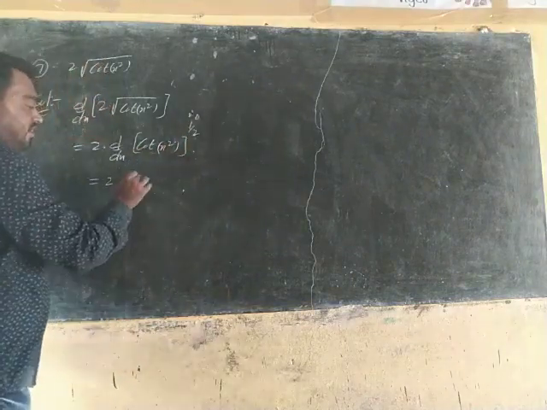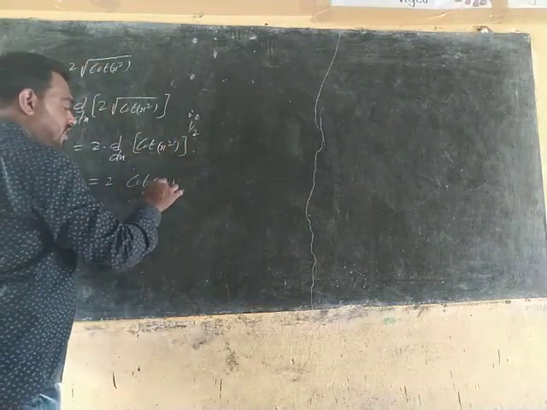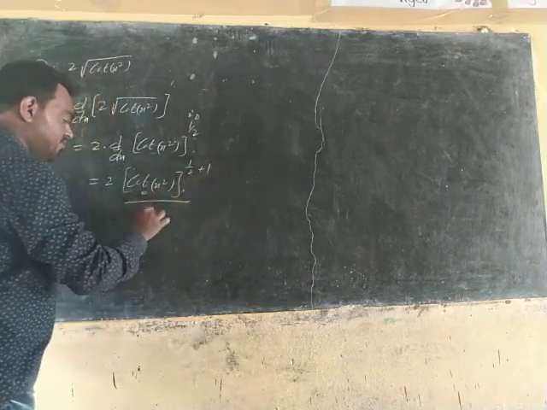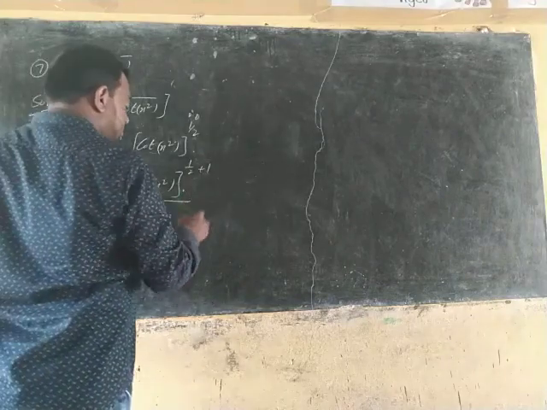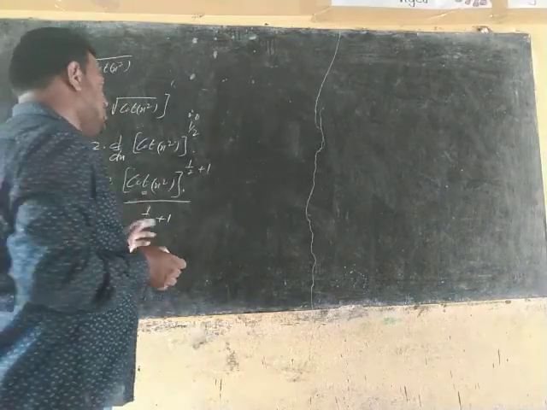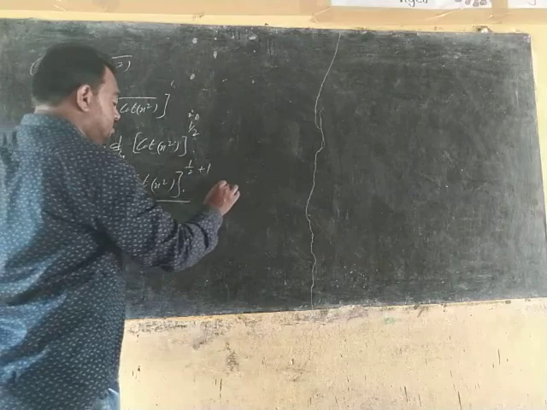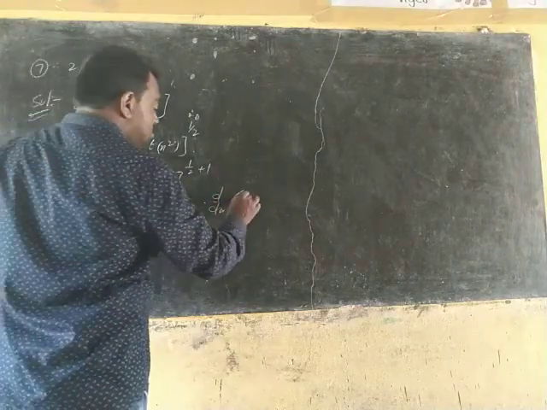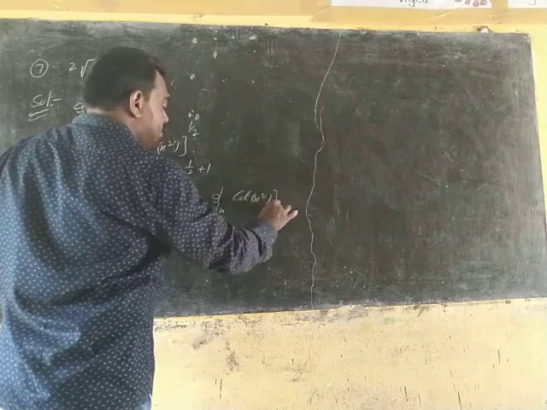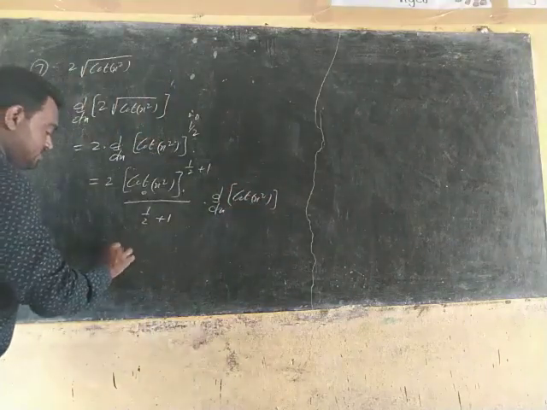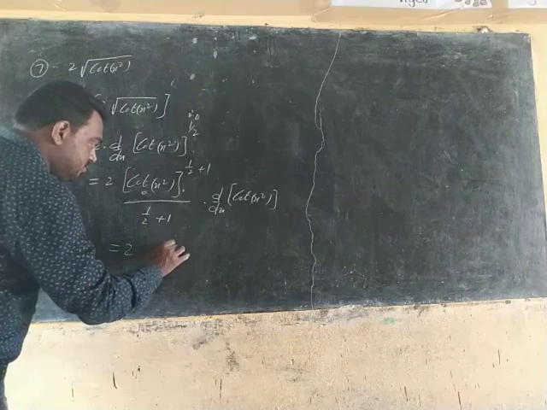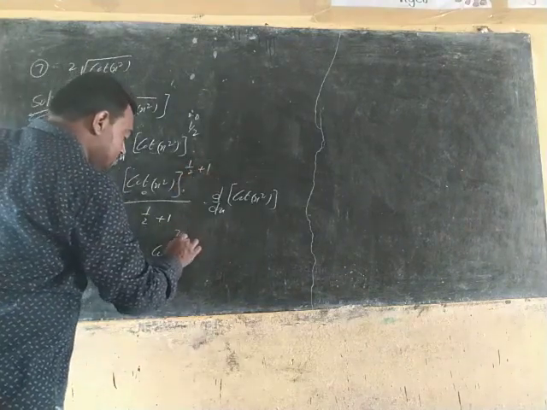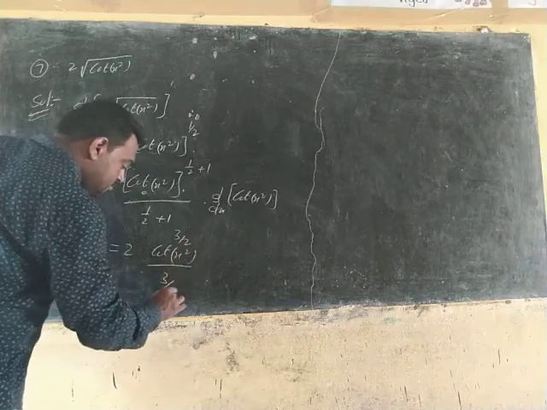X to the power of n derivative is x power of n plus 1 by n plus 1. This one finished. Into d by dx of cot of x square we need to do here. So this is equal to 2 into cot x square to the power of 1 by 2 plus 1 is 3 by 2, by 3 by 2.